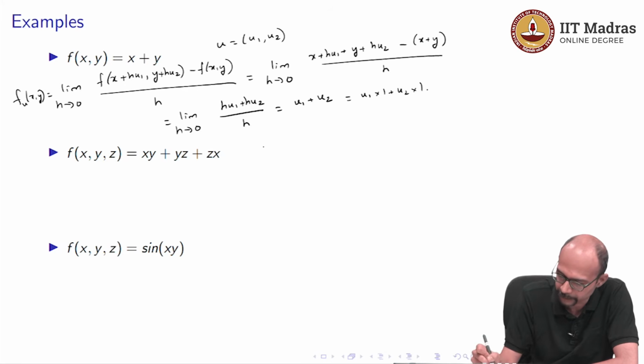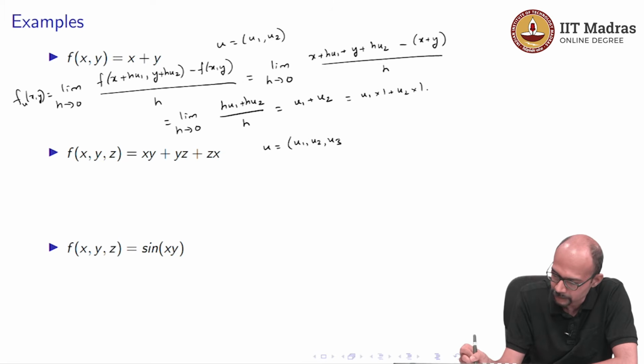This is probably much more complicated. So, here our unit vector is u1, u2, u3.